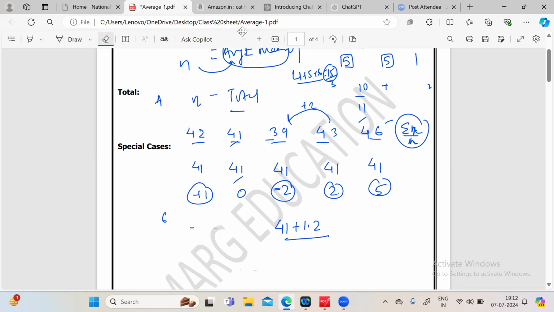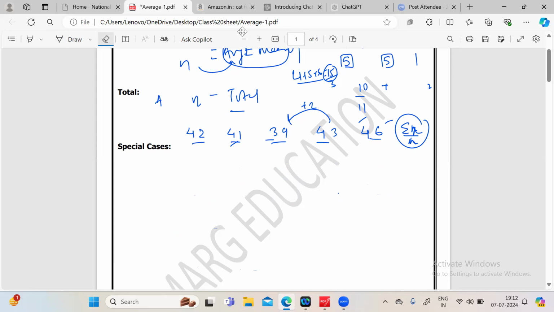Another advantageous case will be consecutive numbers or anything which is in AP. Like you can just see here. Let's say I have 5 consecutive numbers like 4, 5, 6, 7, 8. These are the 5 consecutive numbers.